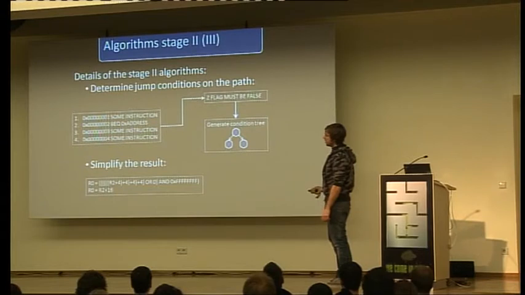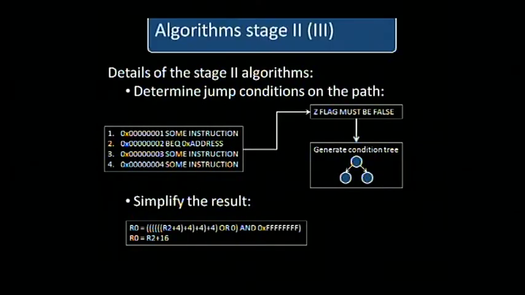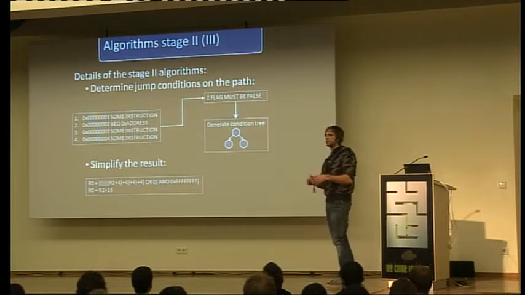If we now have a branch instruction in here somewhere, and we know, because we have the expression tree of this branch instruction also, that in this specific case a specific flag must be a specific condition, then we can generate a condition tree and also put that into the complete forest of our expression trees for this instruction stream.